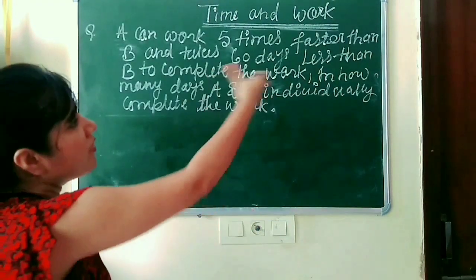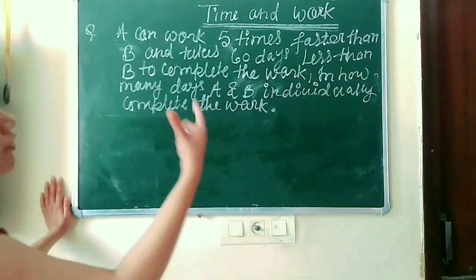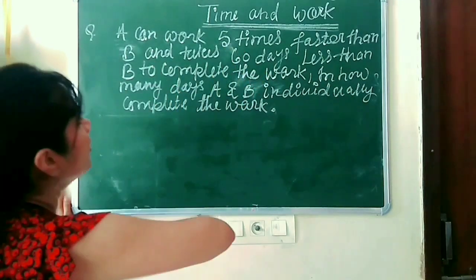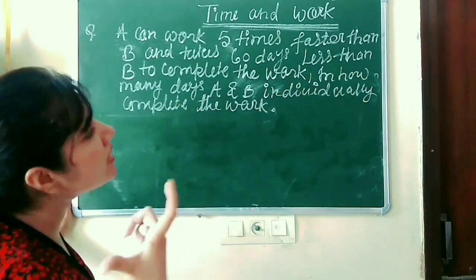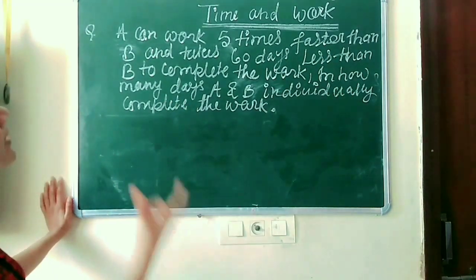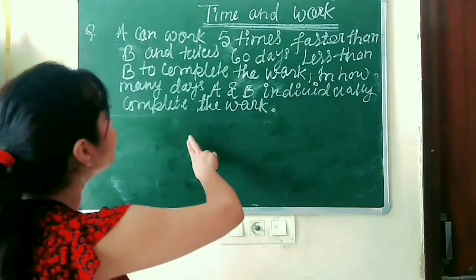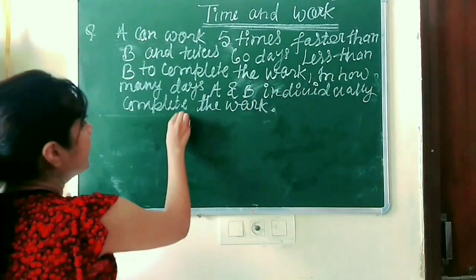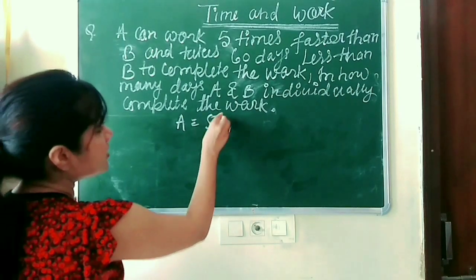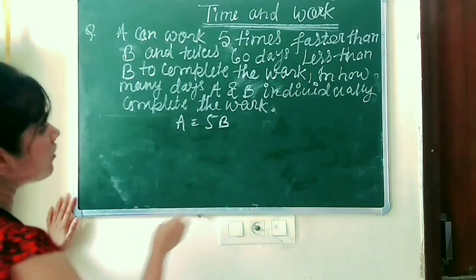So guys, now we have the first question. A can work 5 times faster than B and takes 60 days less than B to complete the work. In how many days do A and B individually complete the work? What is given: A is 5 times faster than B. This is the first condition.